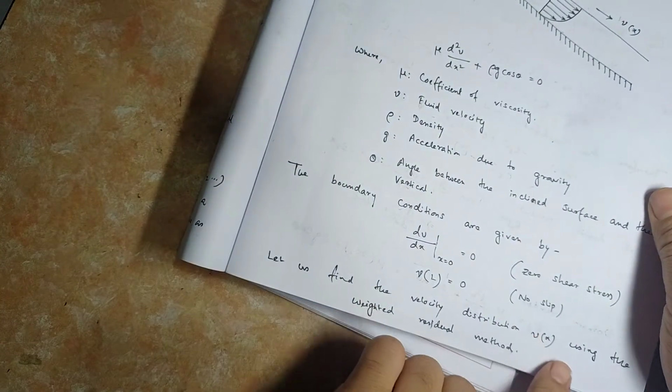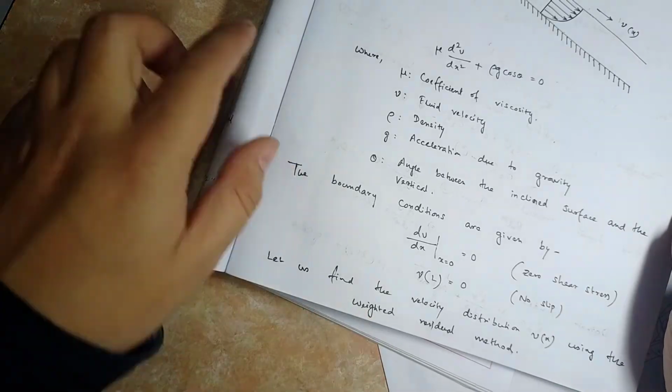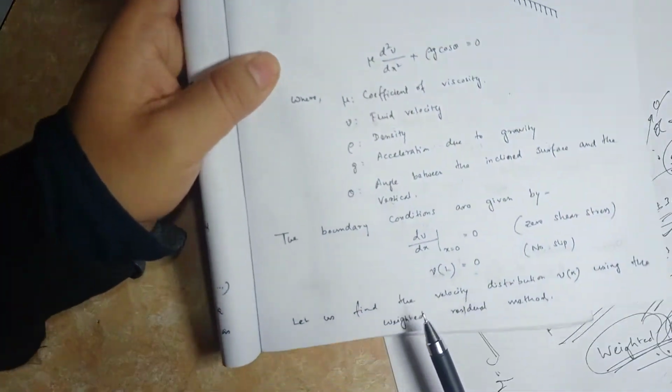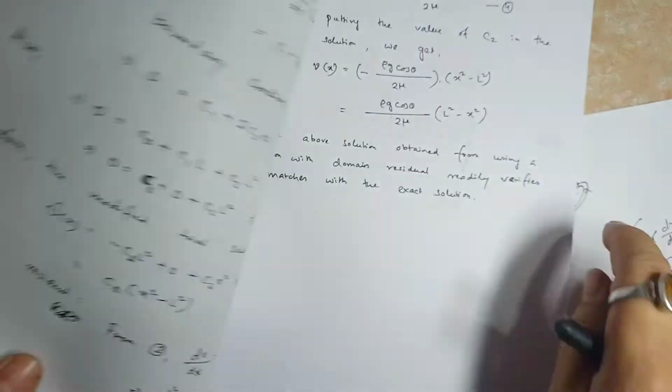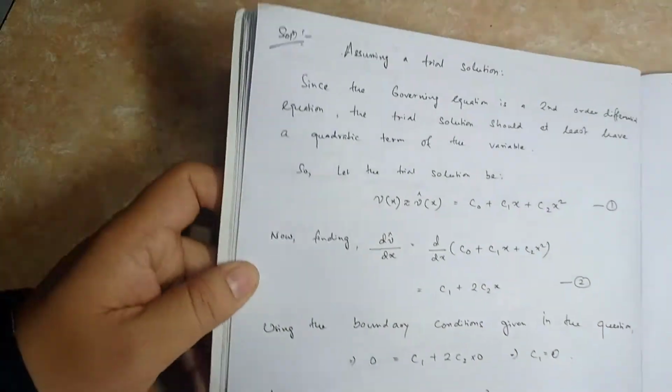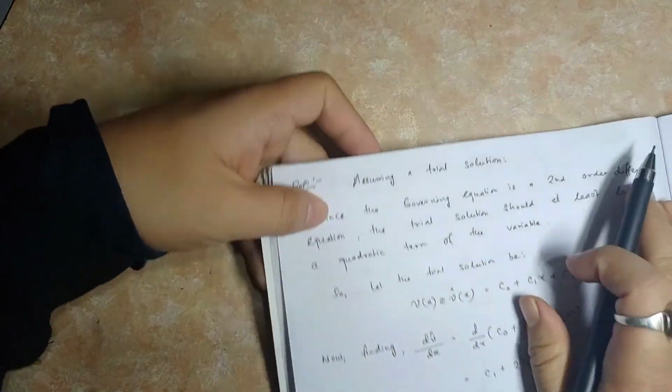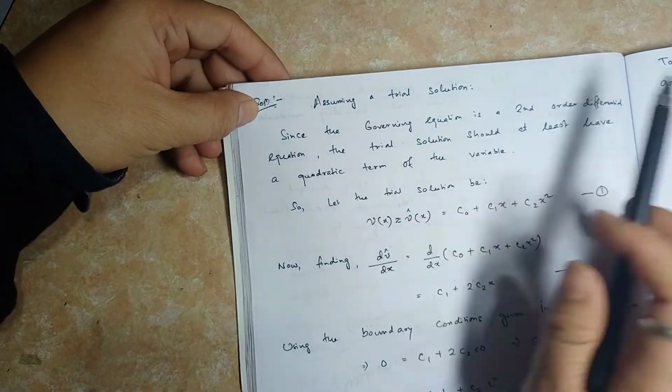So let us find the velocity distribution Vx using the weighted residual method. The first step is to assume a trial solution.